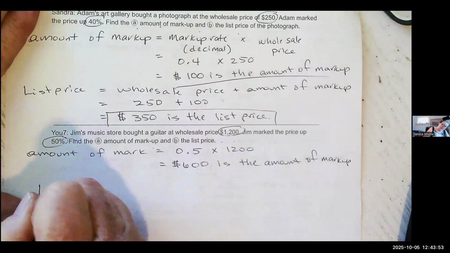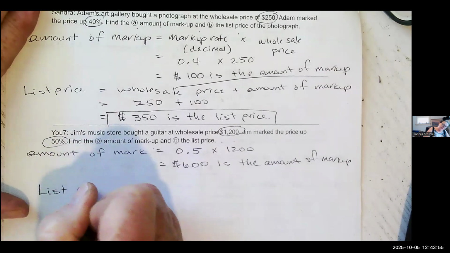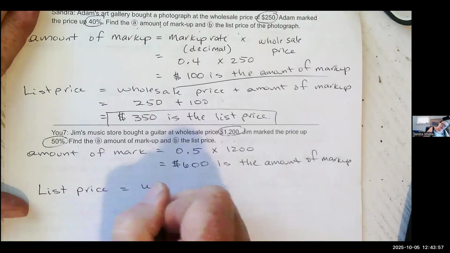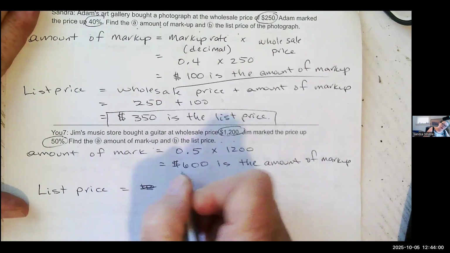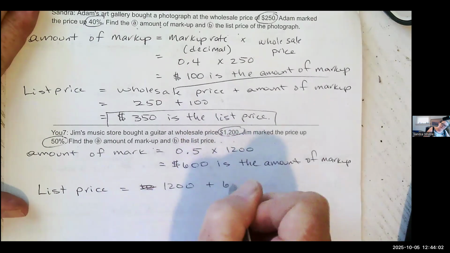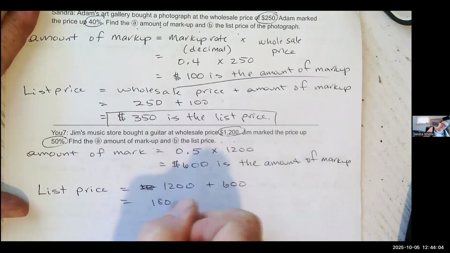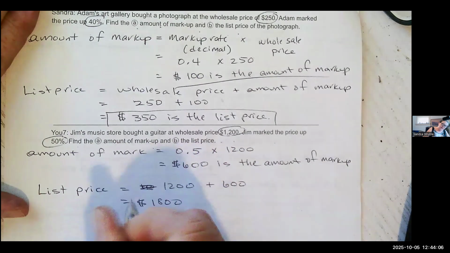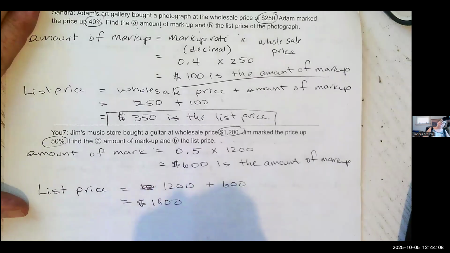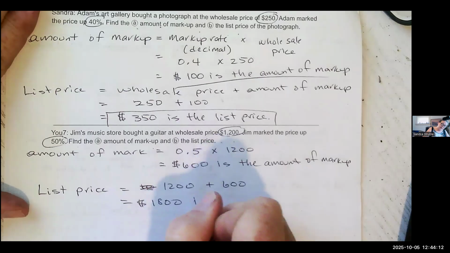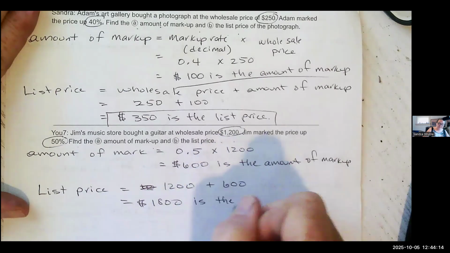And then the list price is just the wholesale price, $1,200, plus the markup. So Jim's going to attempt to sell this guitar at $1,800. That's the list price. That's what he's trying to sell it for.